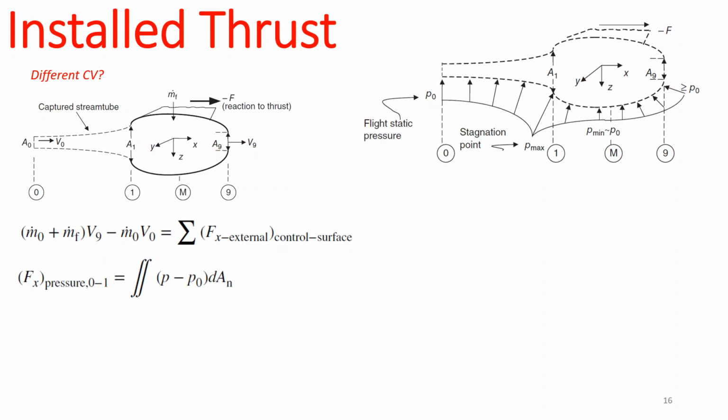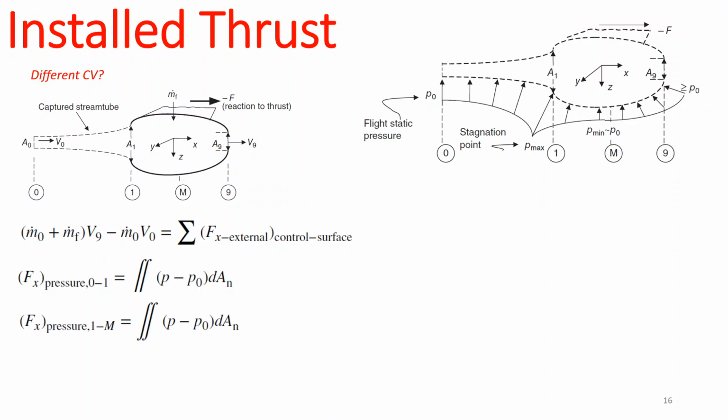So we are going to divide each section into different parts. The pressure force from 0 to 1 can be calculated by a double integral, the surface integral of (P minus P naught) dA_n.